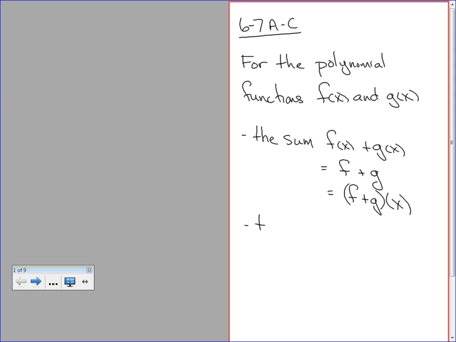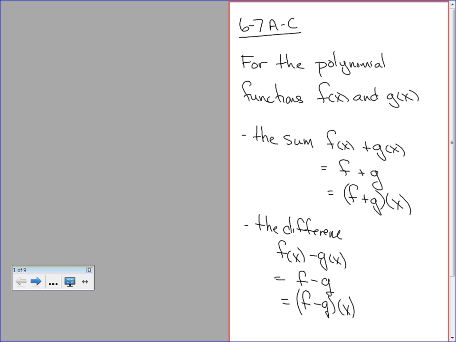And the difference can be found by just subtracting it. So f of x subtract g of x, or f subtract g, or f subtract g of x.